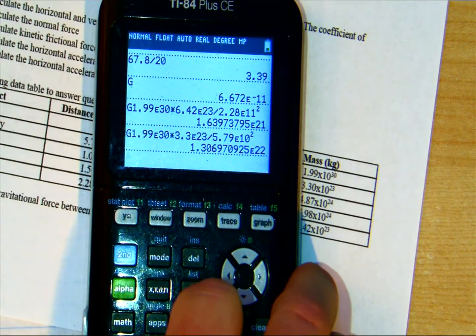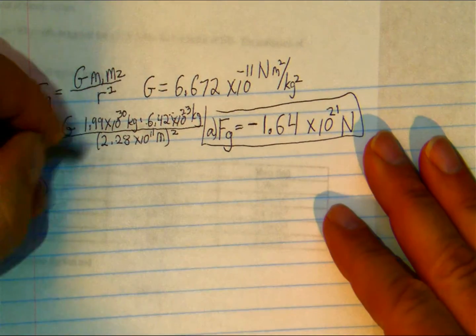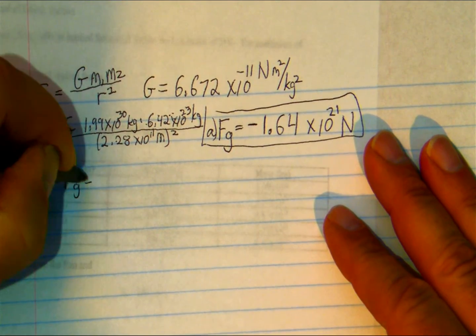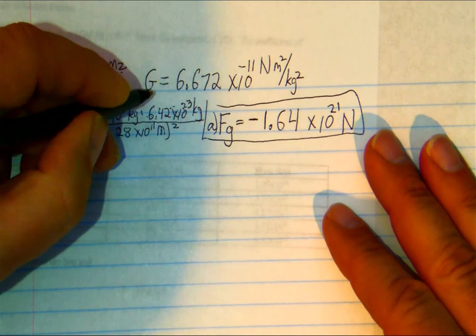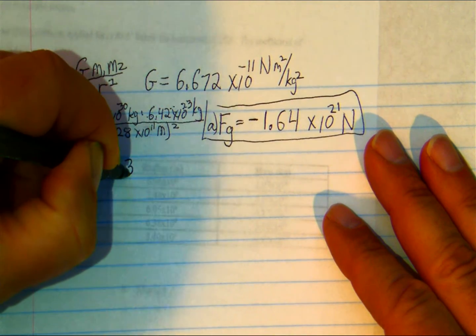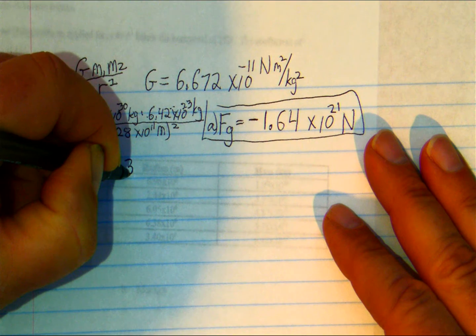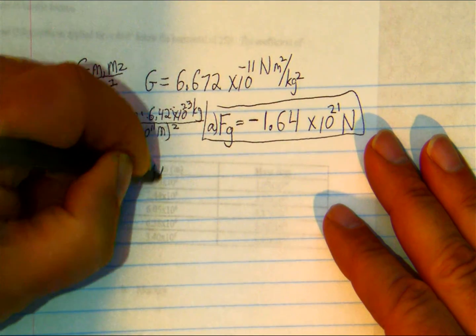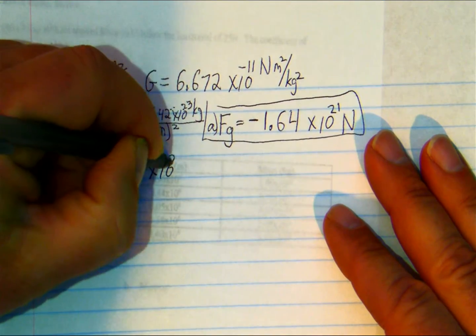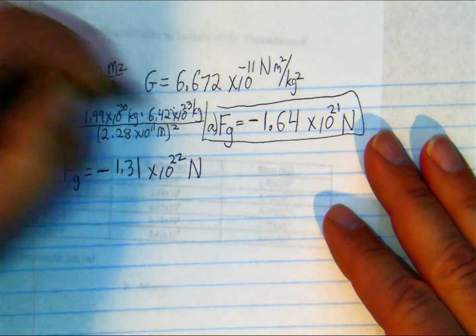Beep, beep, beep. There is the result. And what that says is the force of gravity is attractive, and the value is 1.31 times 10 to the 22nd power newtons.